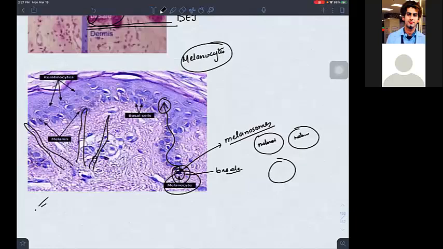Like a factory, we have to send them to the top. That is done by the dendrites. Melanocytes will be in contact with the keratinocytes via these dendrites. This is how they are able to transfer the melanosomes.